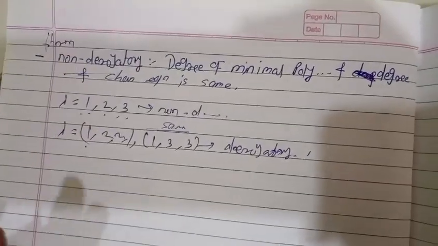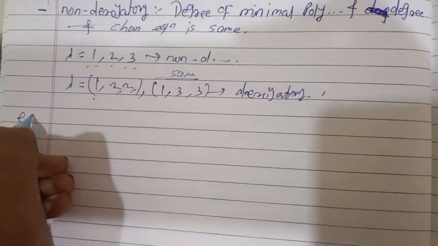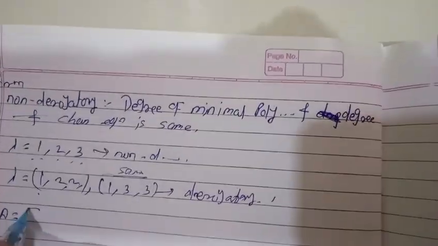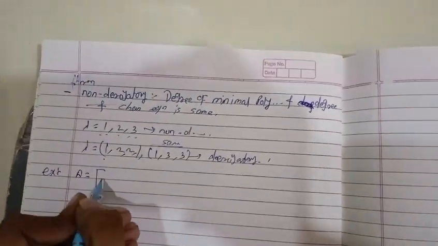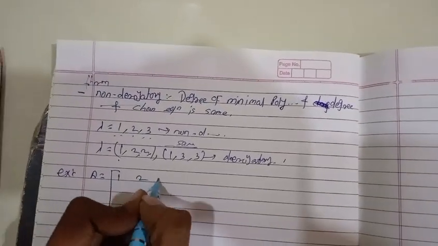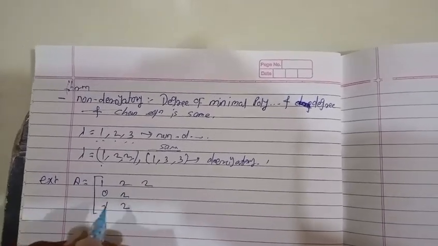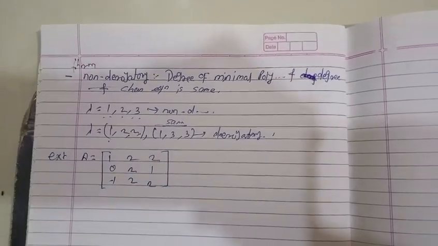But let us continue with an example, explained simply. A is equal to 1 2 2, 0 minus 1 2, 2 1 2, as the given matrix.